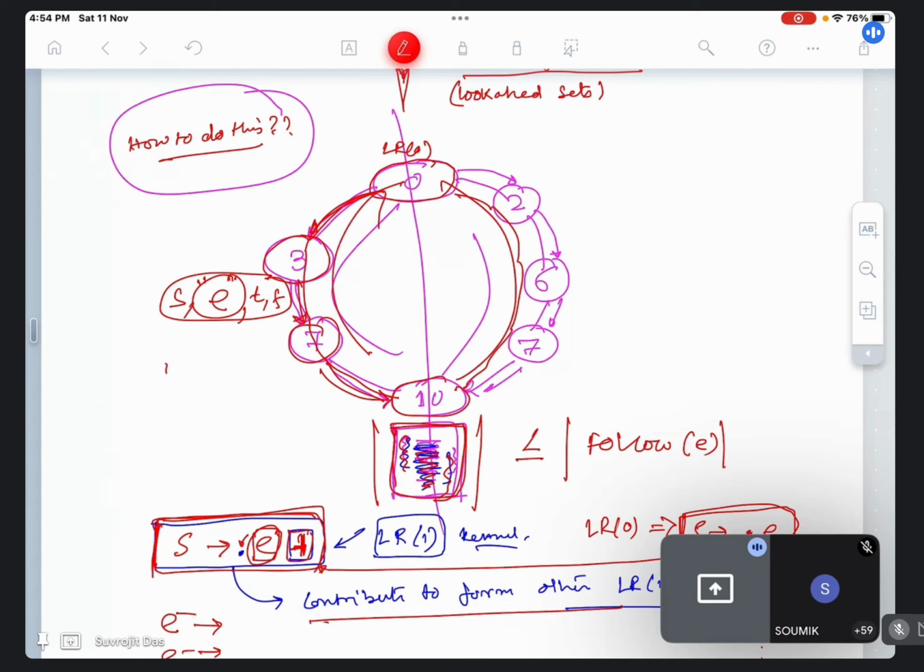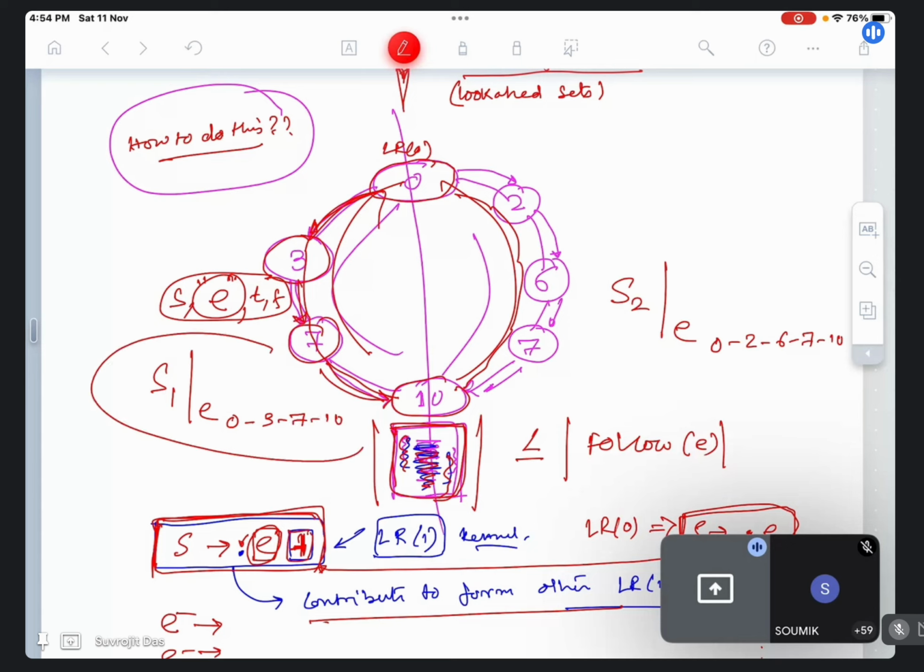So you have a set S1 of look aheads for the non-terminal E. You have a set 2 of look aheads for non-terminal E along the path 0, 2, 6, 7, and 10. This is a collection of look aheads along the path 0, 3, 7, and 10. Now, if these are not same, take union and build this look ahead set.